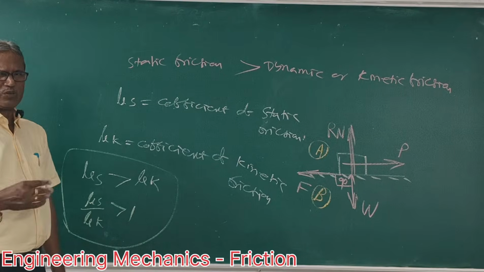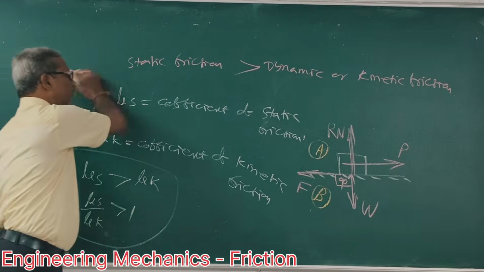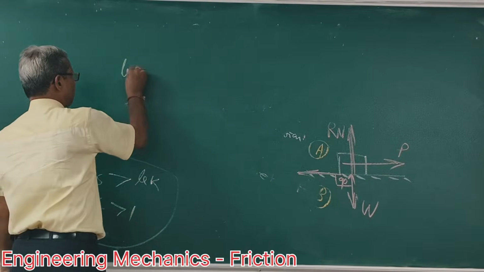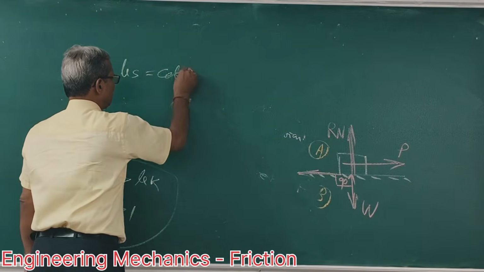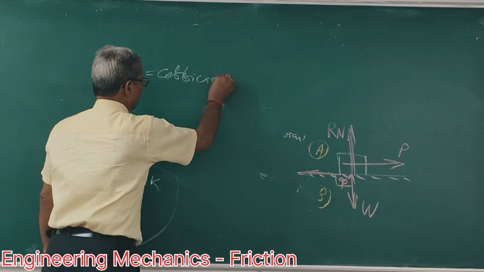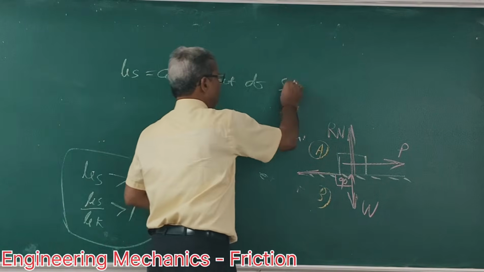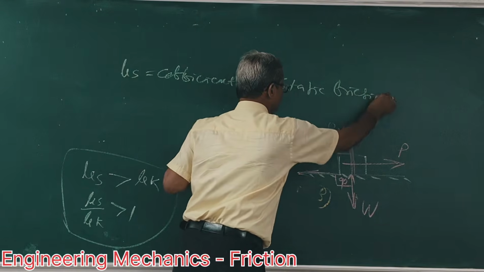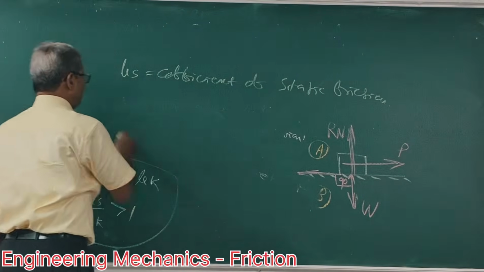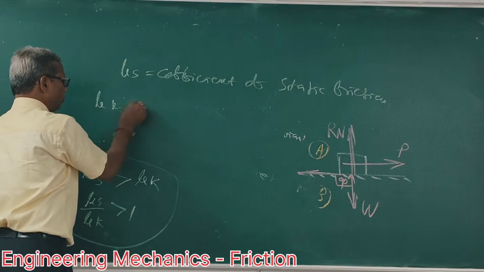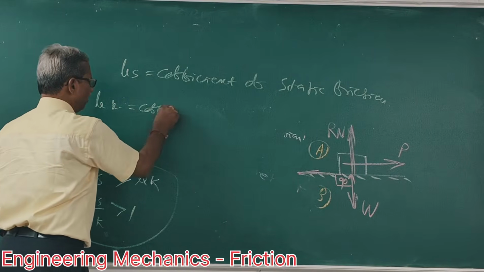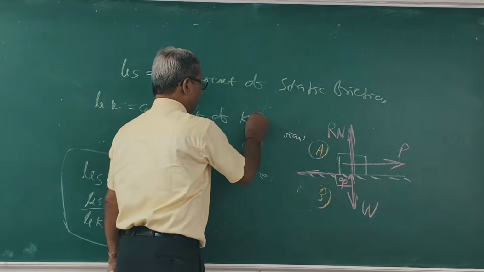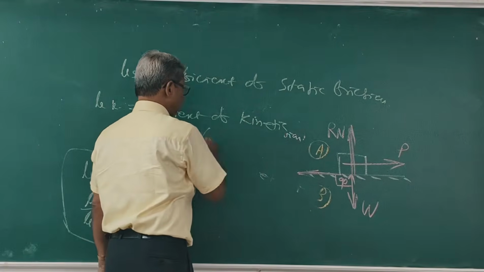Next, what types of dynamic friction? Mu s is the coefficient of static friction. Mu k is the coefficient of kinetic friction.